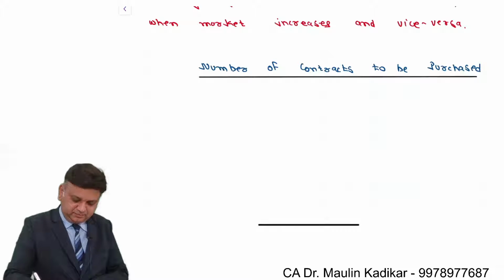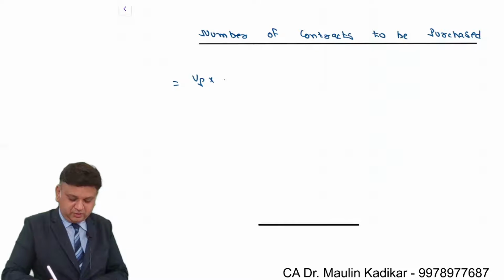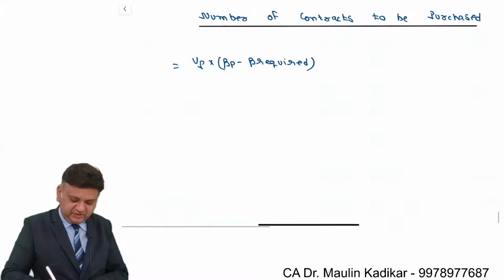उसमें लिखो value of the portfolio into beta of portfolio minus beta required divided by futures index value into lot size.